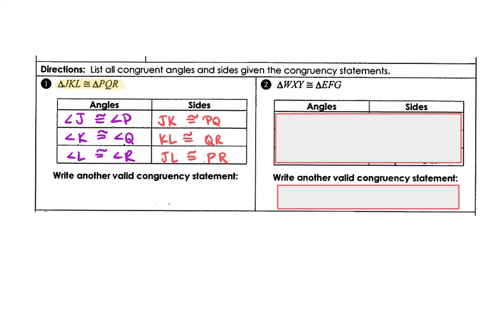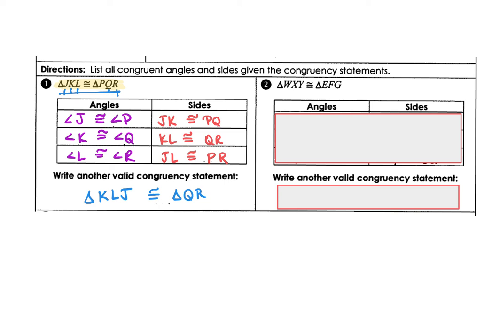It says, write another valid congruent statement. Well, another valid congruent statement would be to write this in a different order. So if I were to say triangle KLJ, then that is congruent to, if K was first, it's congruent to Q. L was next, so then R has to be next.